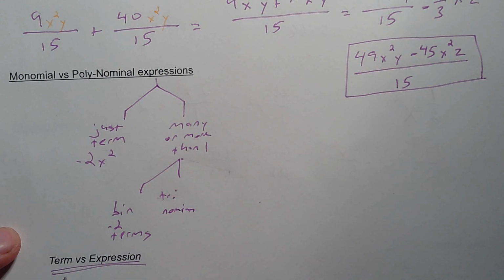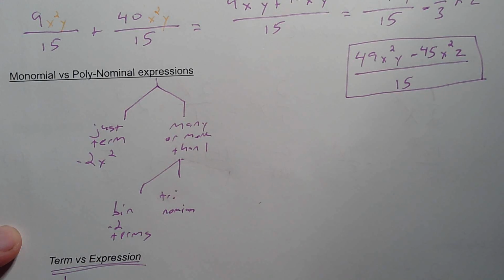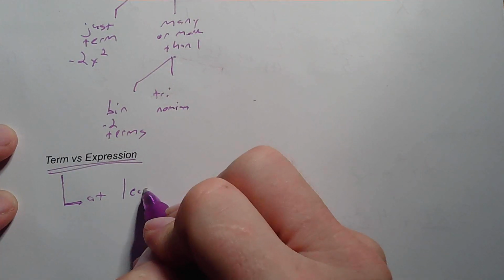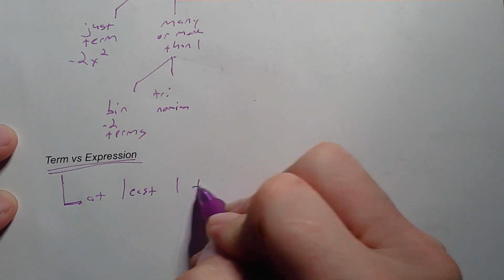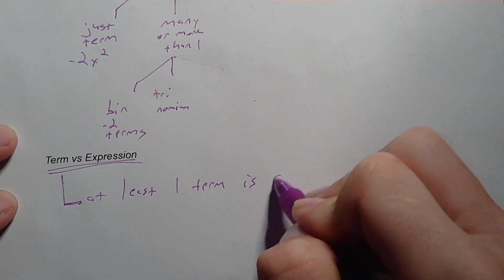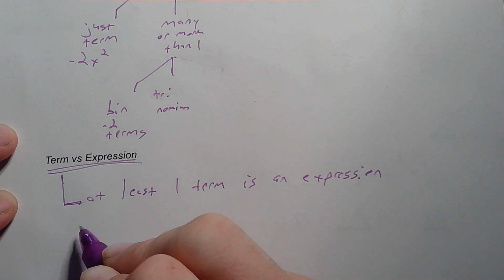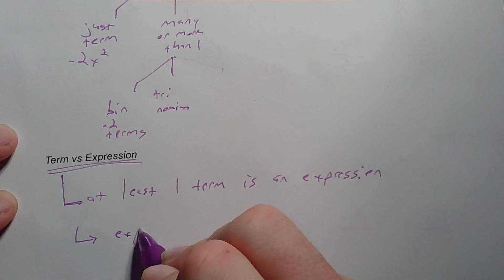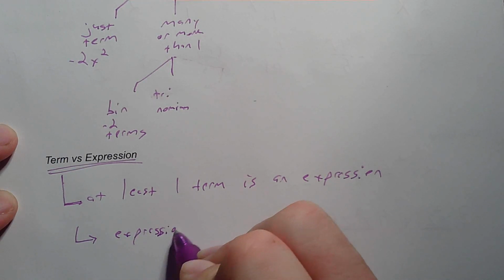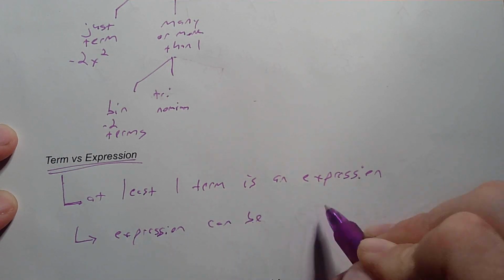A term can be at least one, right? At least one term is an expression. But an expression can be many terms.